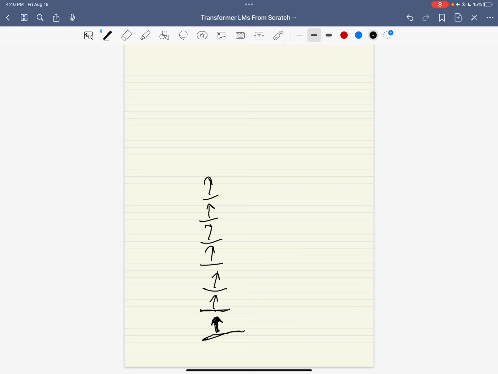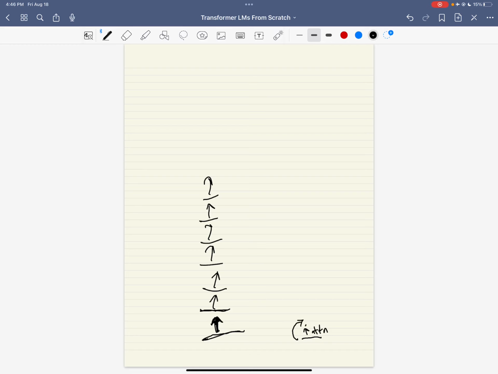How do I draw this? Here's how to draw this. This is our input, and this is the attention, let's say. We add both of these things, and that's our output.